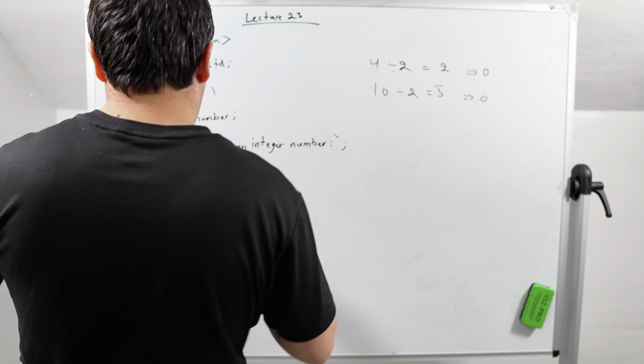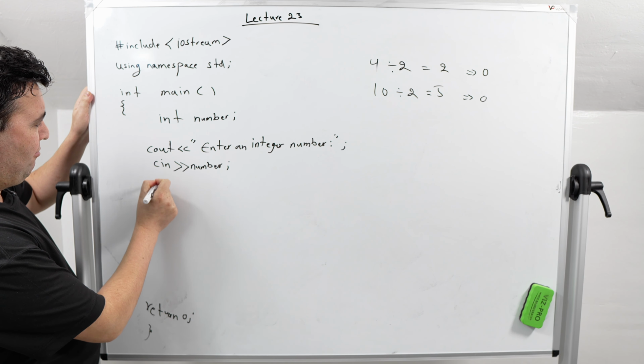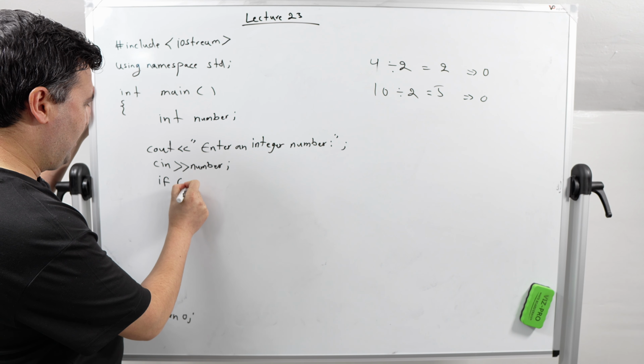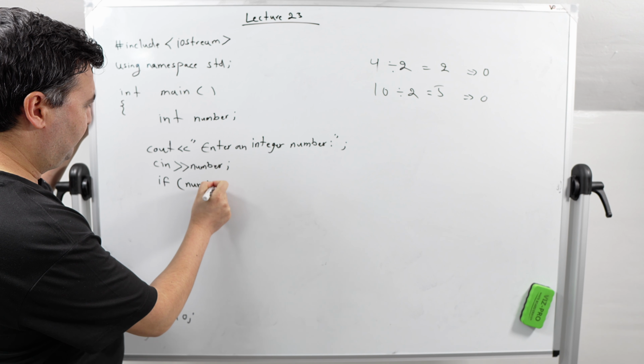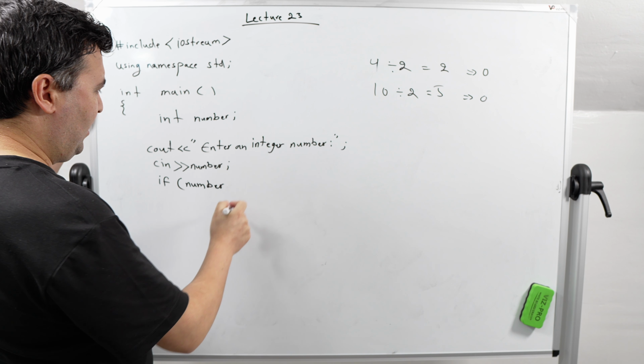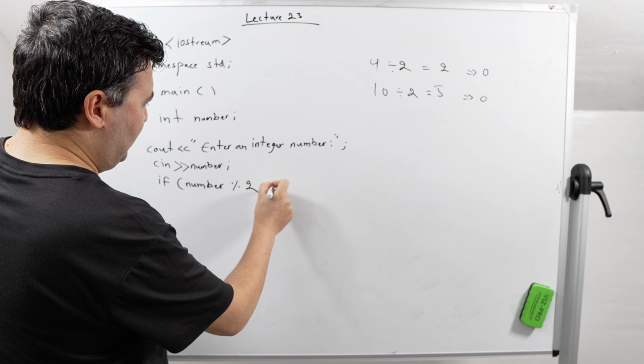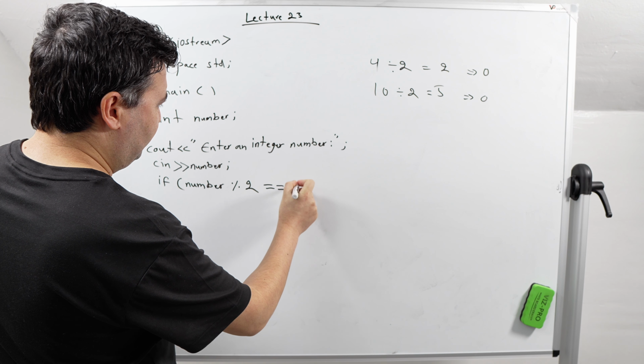So here we check if number, if the remainder of this number divided by 2 is equal to 0.